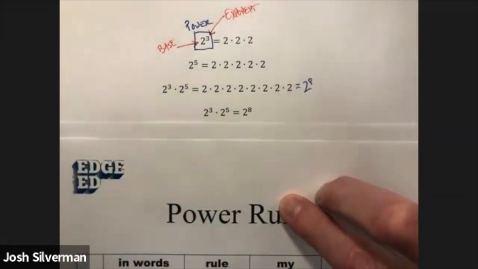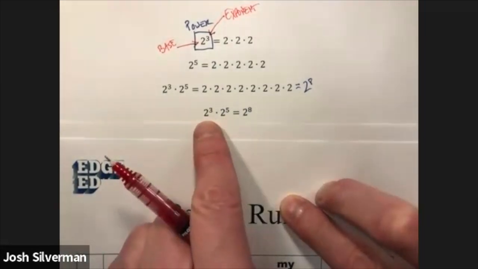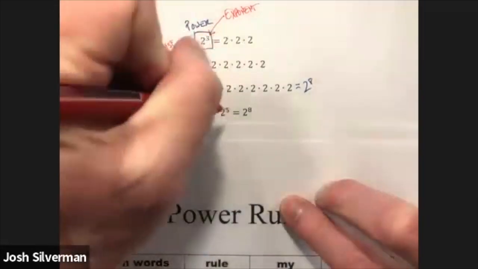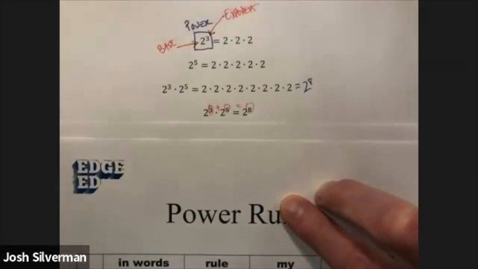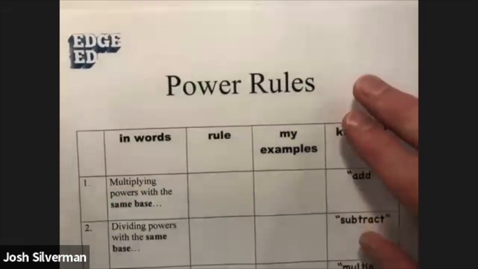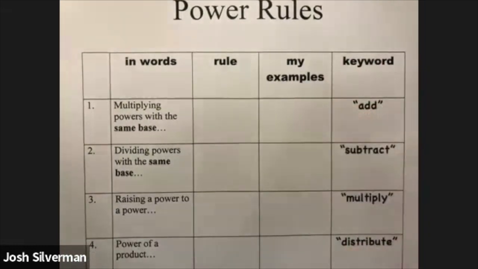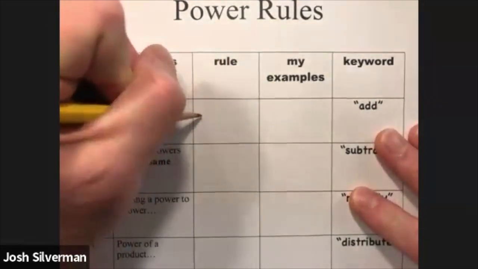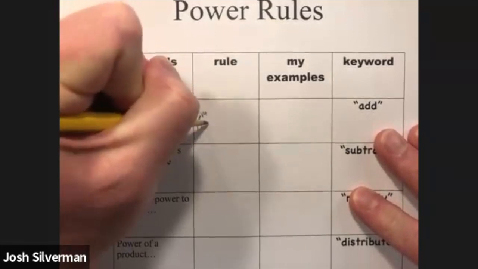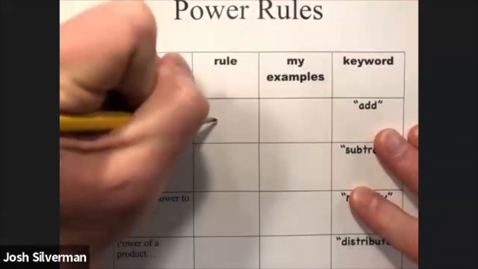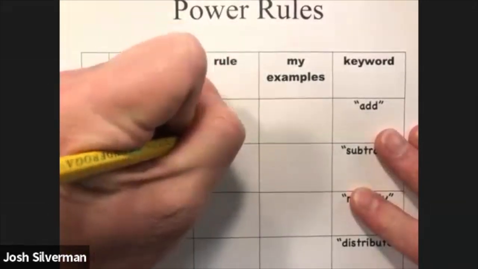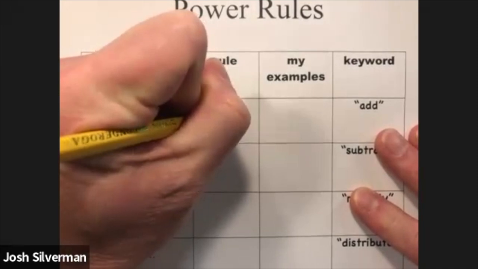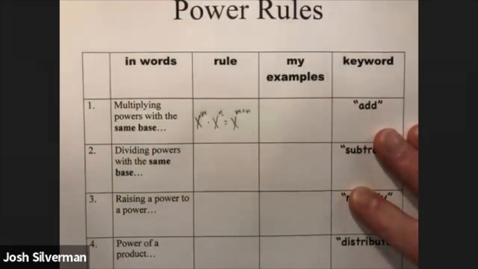What is the rule? Well, the rule is this. When we are multiplying powers with the same base, we are going to add those exponents. X to the m times x to the n equals x to the m plus n power.